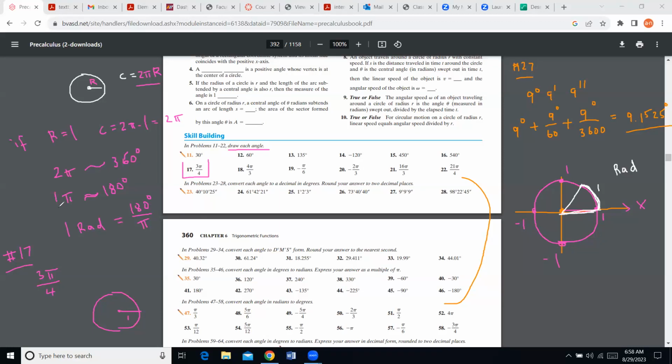If my angle pi corresponds to 180 degrees, then the fourth part of it will come out by dividing both sides of this statement by 4, right? So if I want to see the analog to pi over 4, then I'm going to divide 180 by 4, and that's going to be 45 degrees, right?